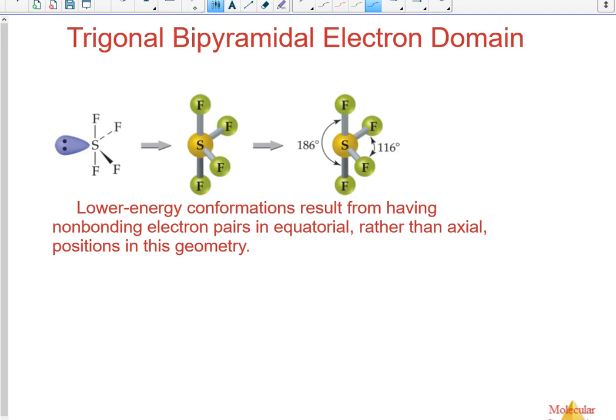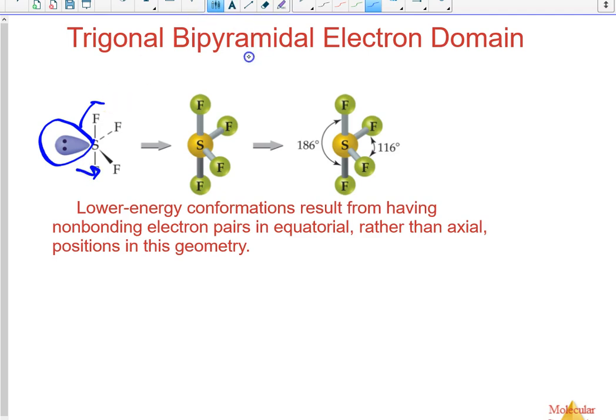So what you need to know here is that lower energy conformations result from having non-bonding electron pairs in equatorial rather than axial positions in this geometry. What this is saying, we said a minute ago, is that non-bonding pairs of electrons push away more than bonding pairs, right?